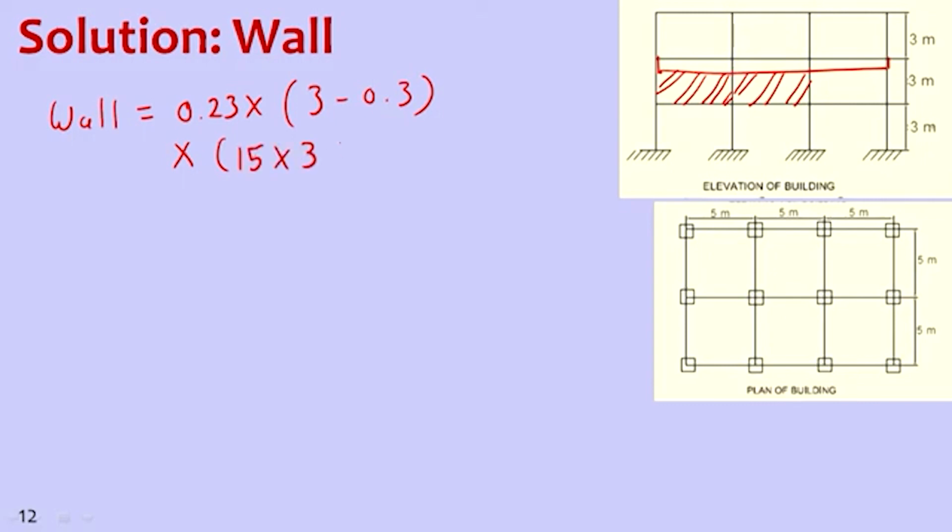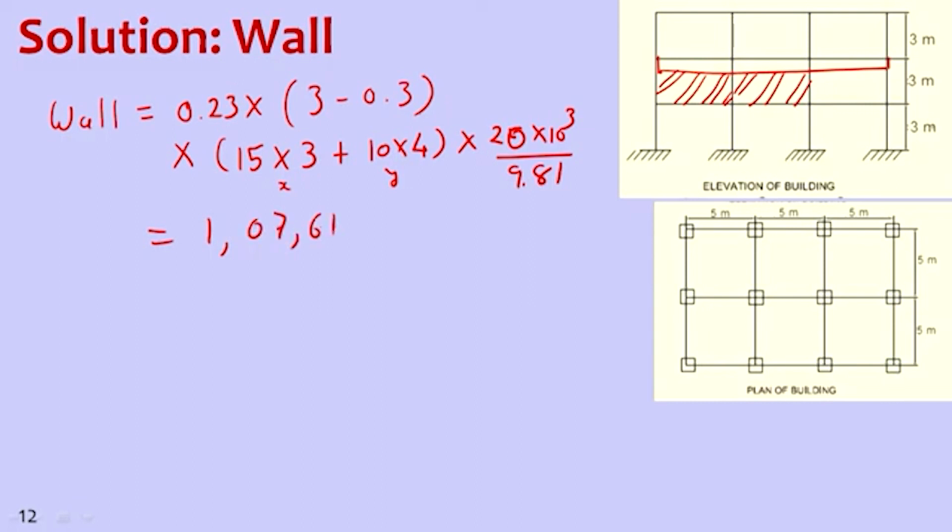So 15 into 3 plus 10 into 4, one for x direction, another for y direction, multiply by the density of wall, which will be 20 kilonewton per meter cube. 10 raised to 3 divided by 9.81 will give us the total mass as 1,07,614.68 kg. So this is the mass of a wall.